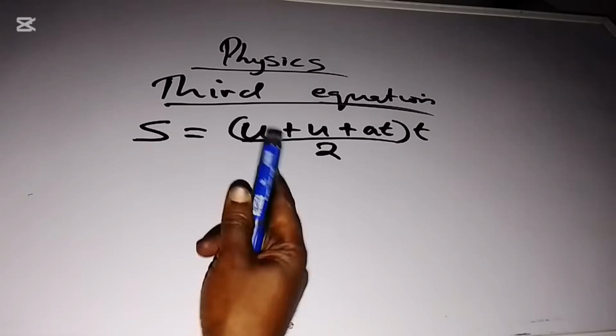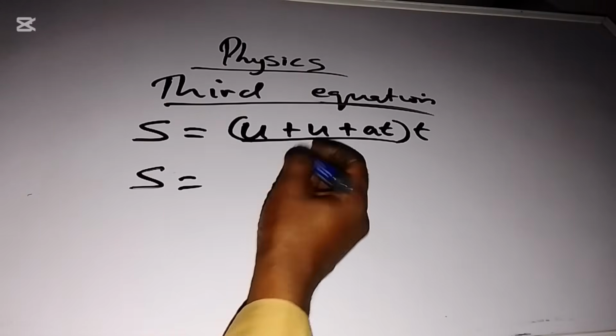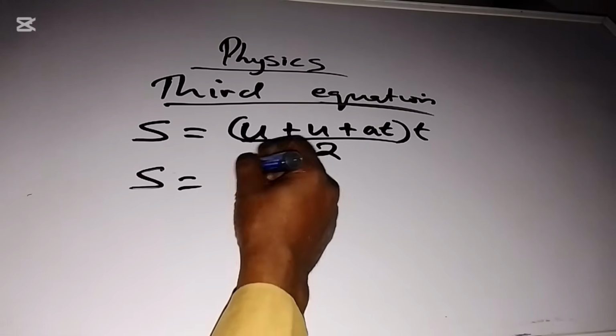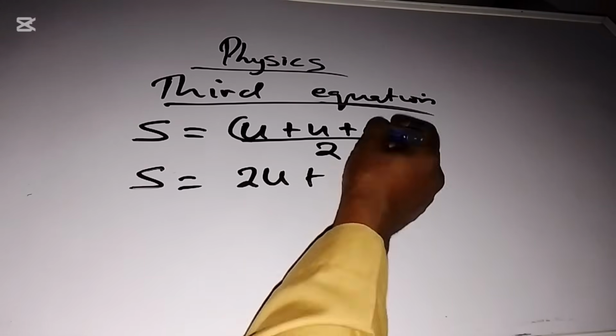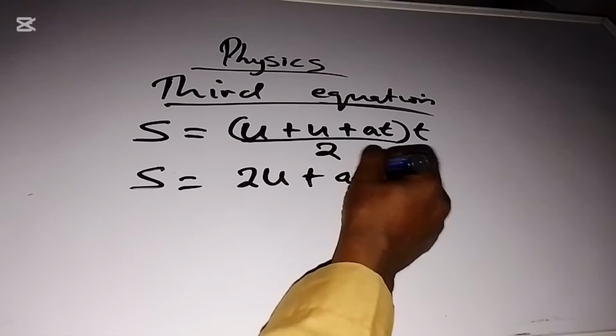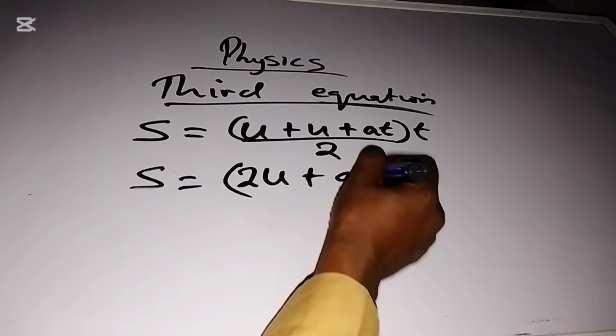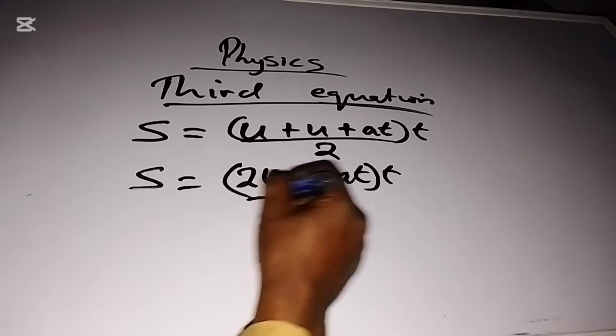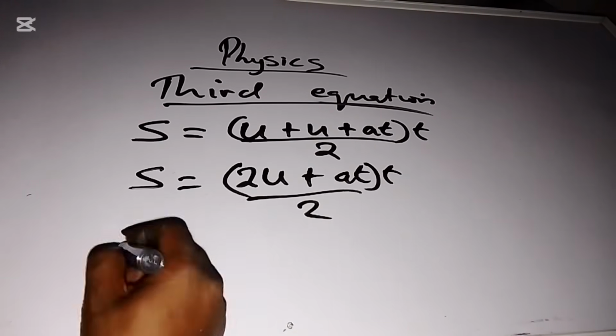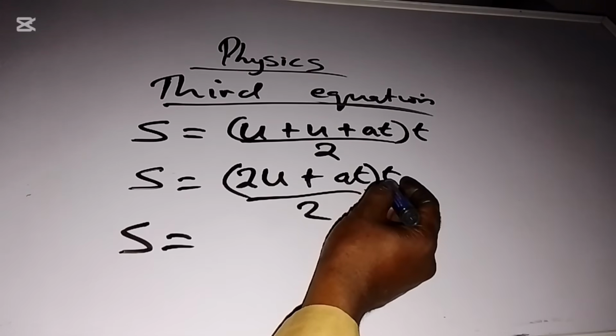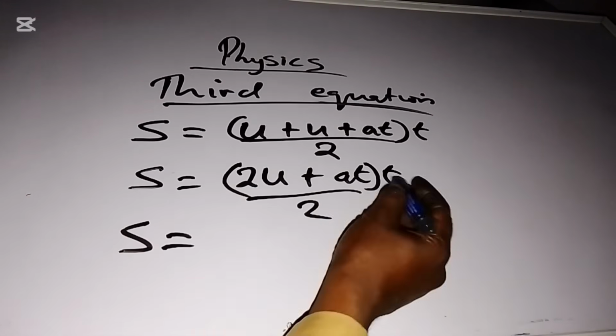Now let's rewrite the equation. S will be equal to, now u plus u is 2u, plus at, and we are still going to multiply with another t over 2. Now let's expand it further. The t multiplies the 2u and also the at.